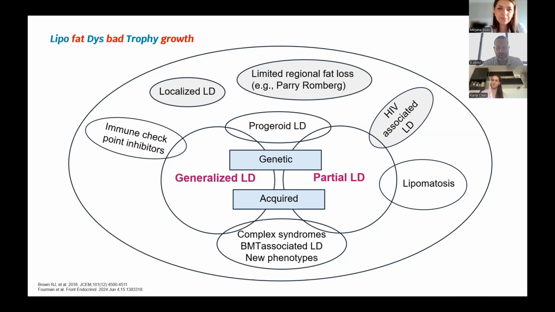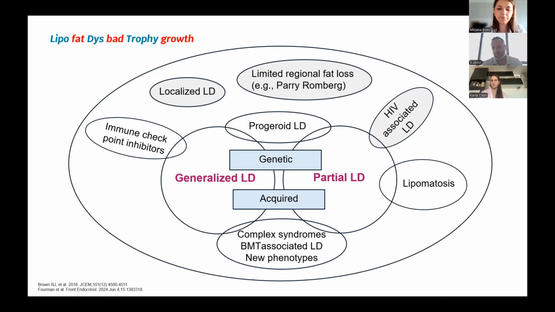As you can see here, there are different disorders that are characterized with fat loss, because when we talk about lipodystrophy, fat loss is the cardinal feature. There are different, sometimes complex syndromes associated with fat loss.